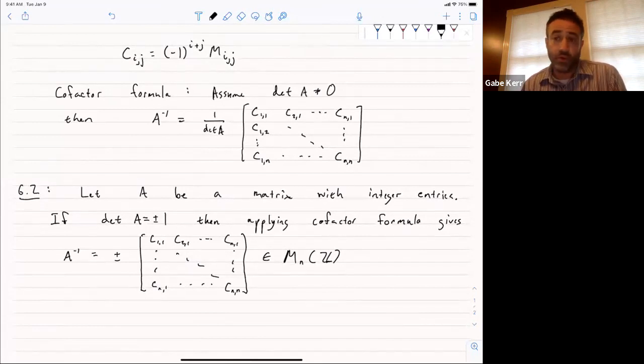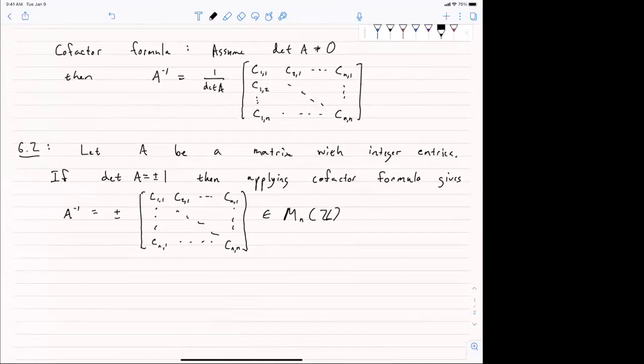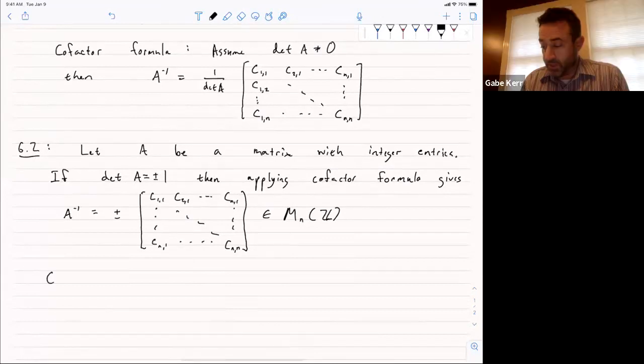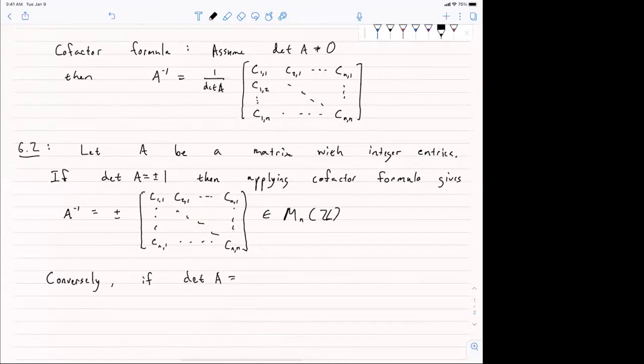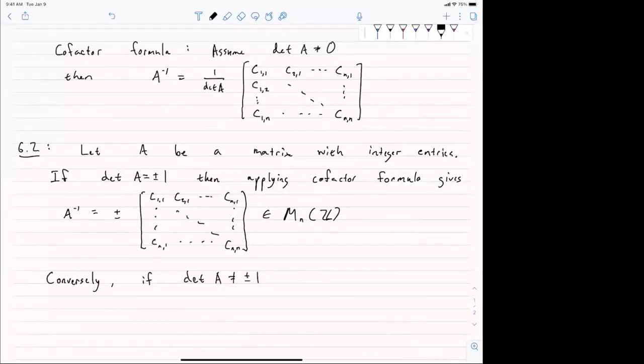So now the question is the converse. Conversely, if the determinant of A is not equal to plus or minus 1, what can happen? It can equal 0.